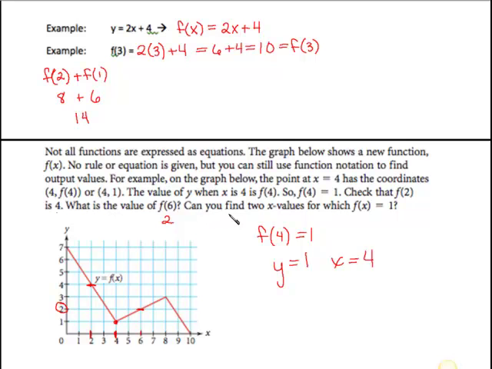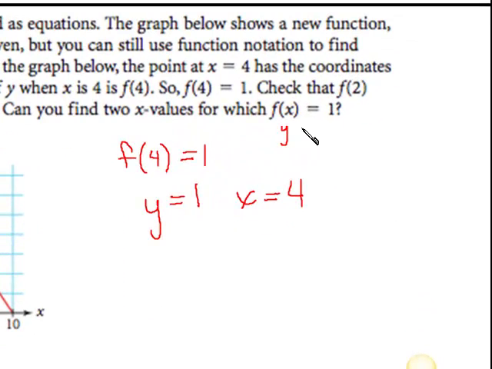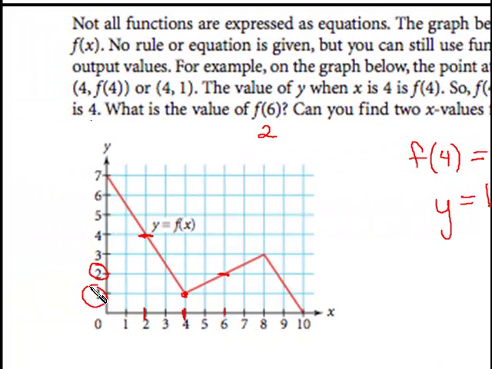And then finally, can you find two x values for which f of x is 1? Now remember here, when we're saying f of x is 1, they're asking, okay, when is y 1? All right, so that's basically saying, when is y 1? Well, let's go to y equals 1, come over. When x is 4, f of x is 1.